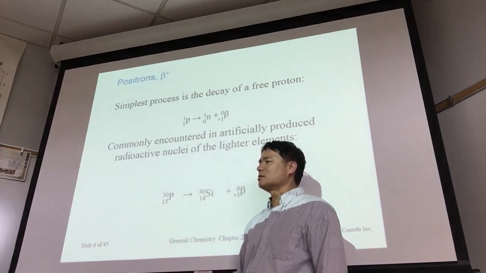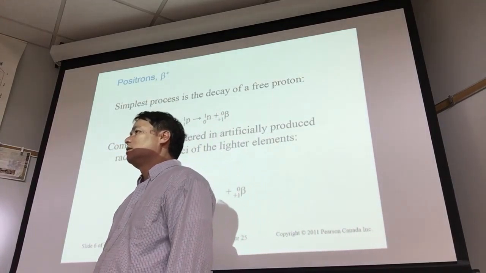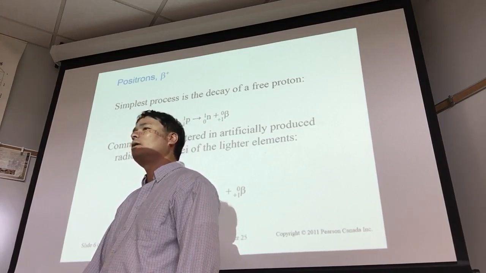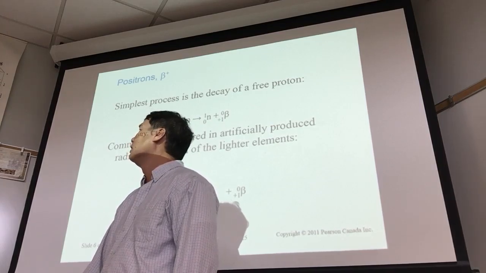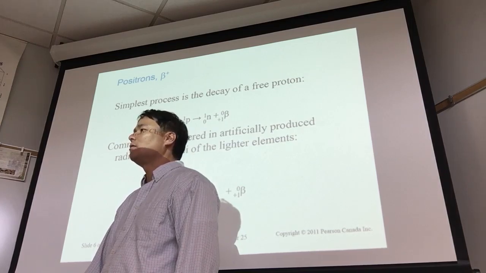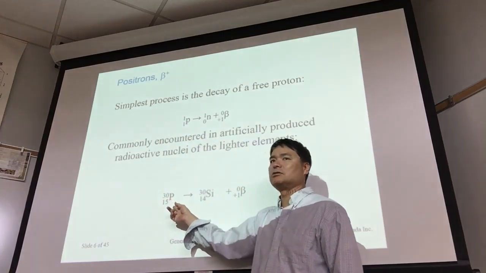There's only one isotope of phosphorus found in nature, and based on the average atomic mass, that's 31. So if you have 15 protons, you like to have 16 neutrons holding it together.